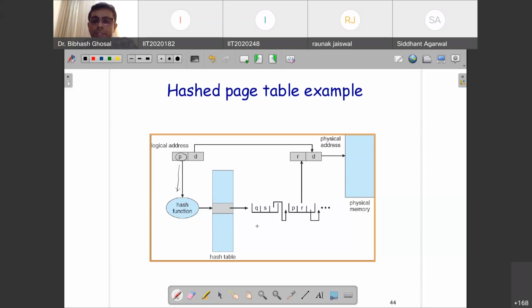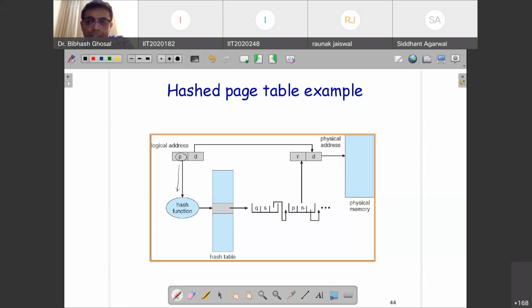What do you have in this linked list? A list of elements, which you reach in this way.